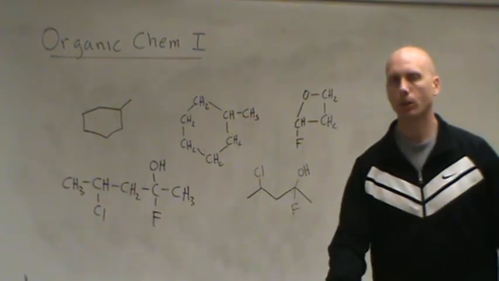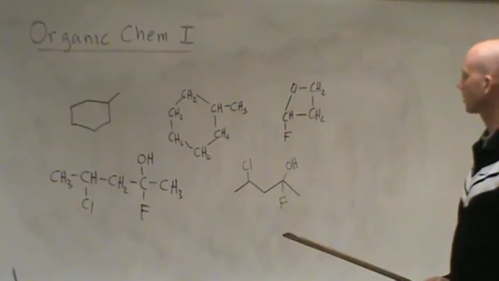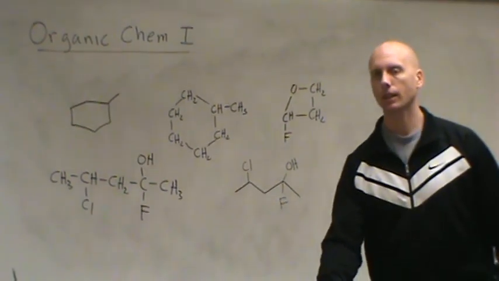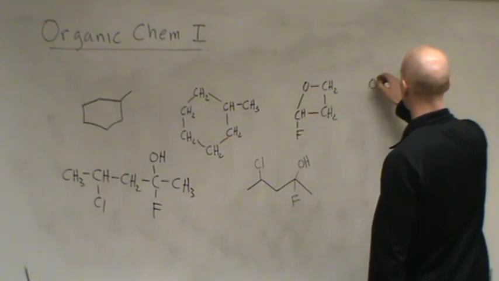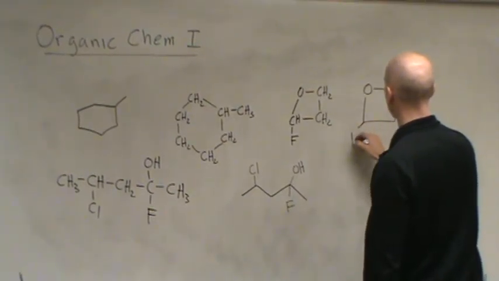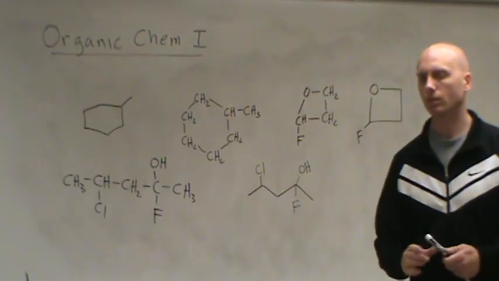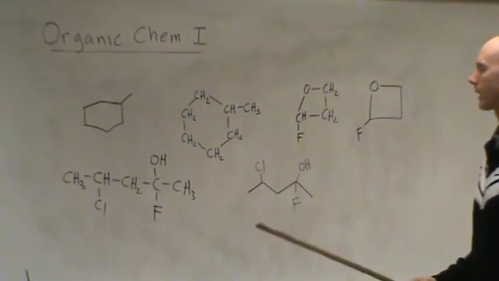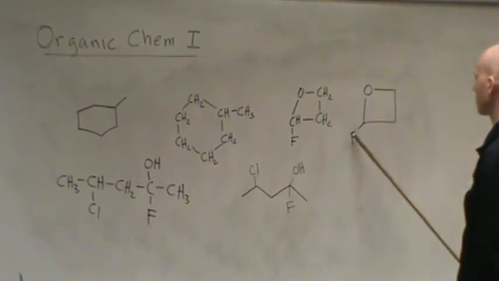Here I have a ring structure with an oxygen in there. Okay. So if I were to redraw that, I would have something like that. Okay. Where again I have to show the non-carbon atoms.